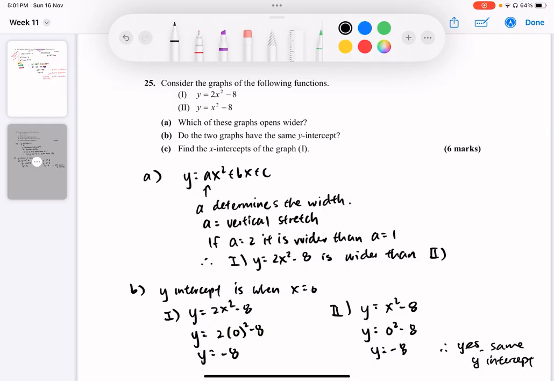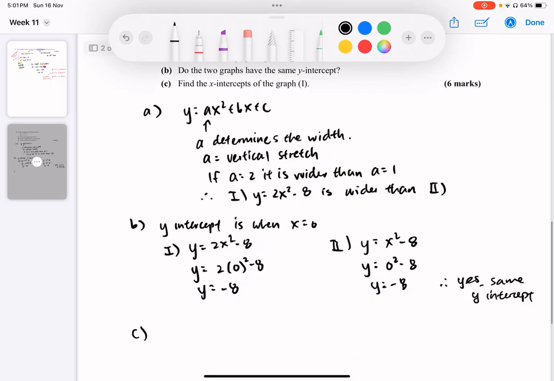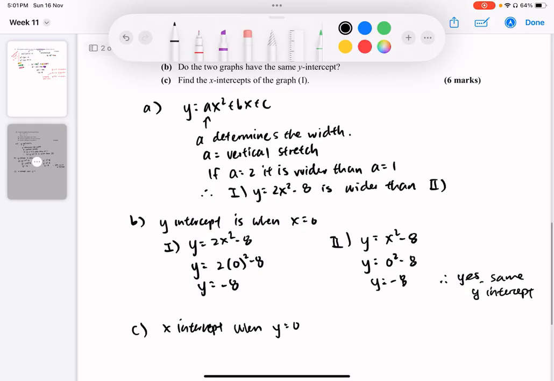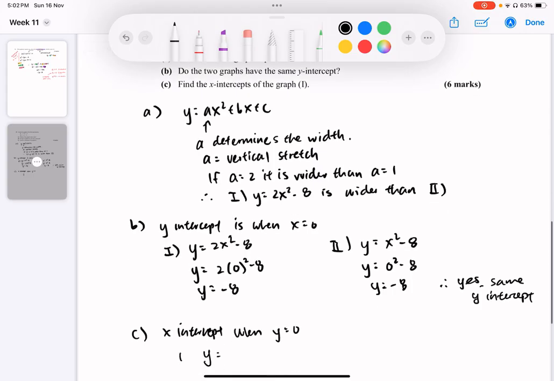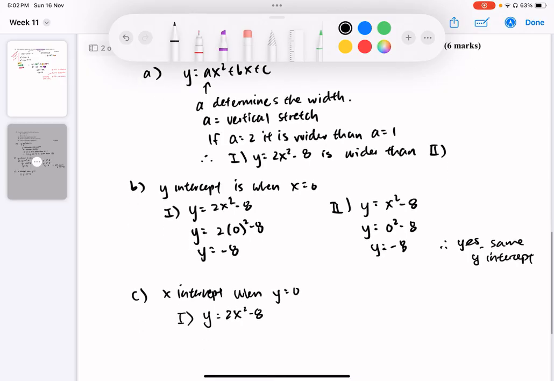Last one, find the x-intercept of graph 1. So the x-intercept is when y equals 0. So let's pop it in. So y equals, for 1, 2x squared minus 8, and we have 0, so 2x squared minus 8.